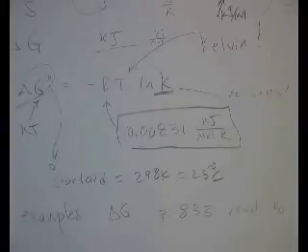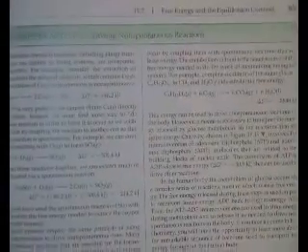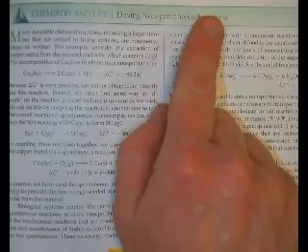But I have a little page to read to you on page 833 of your text that actually gives you some reasoning behind, hey, what is this delta G thing, and why is it important in everyday life? This is called Chemistry and Life, and it talks about driving non-spontaneous reactions.